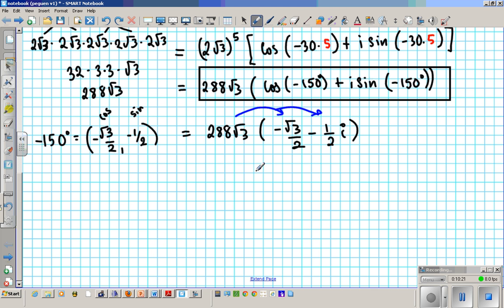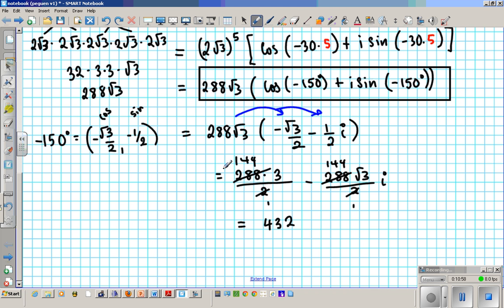For the first one, I'm going to have 288 times 3, because root 3 times root 3 is 3, divided by 2, minus 288 root 3 over 2 i. So 2 goes into itself once, 2 goes into 288 144 times. Same story here. 144 times 3 is 432.